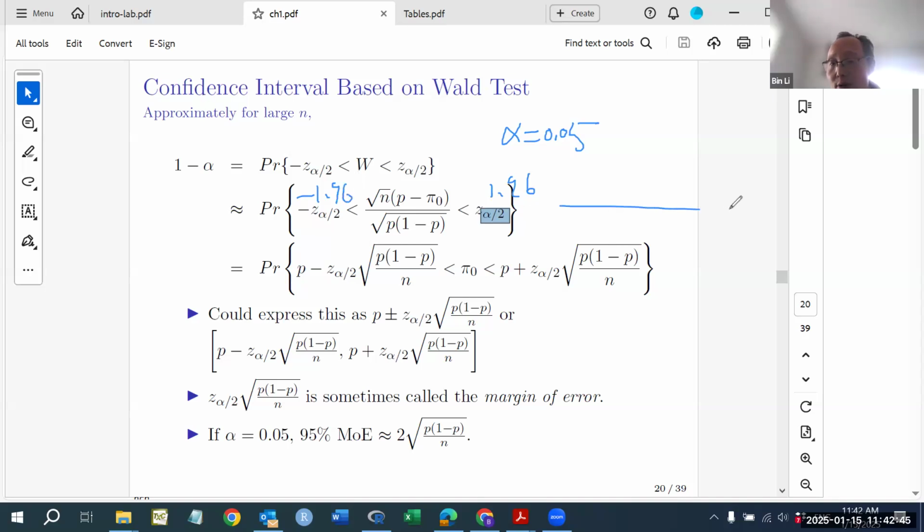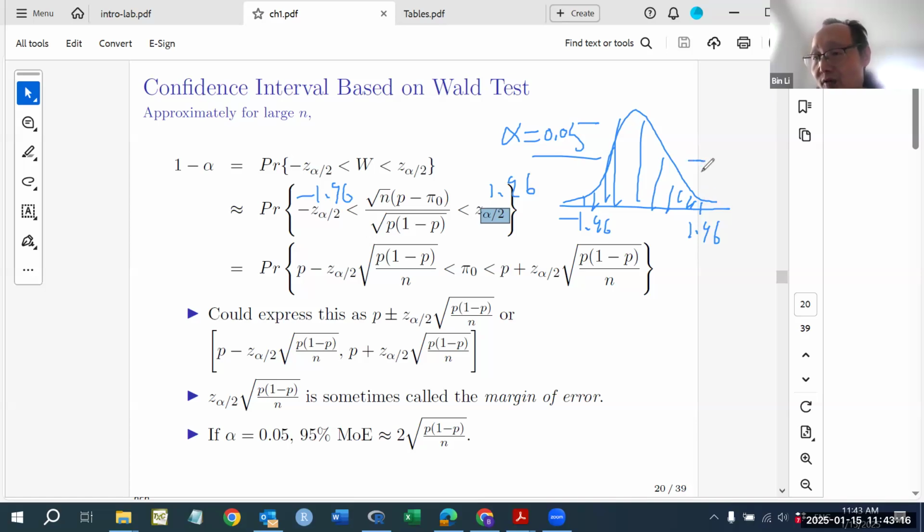So this is the region. Within negative 1.96 and 1.96, we fail to reject the null. Okay, you may say this is for alpha 0.05. What if we have more general results? That's why I'm not using 1.96. I'm just using Z with the subscript alpha divided by 2.